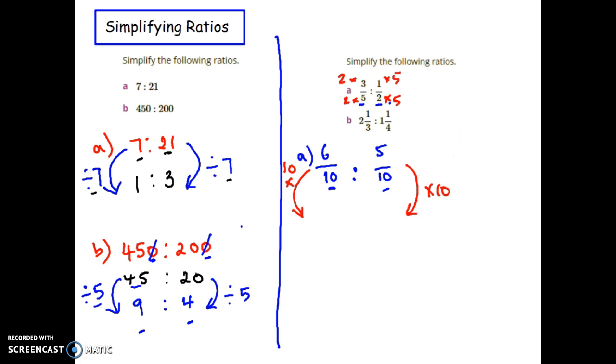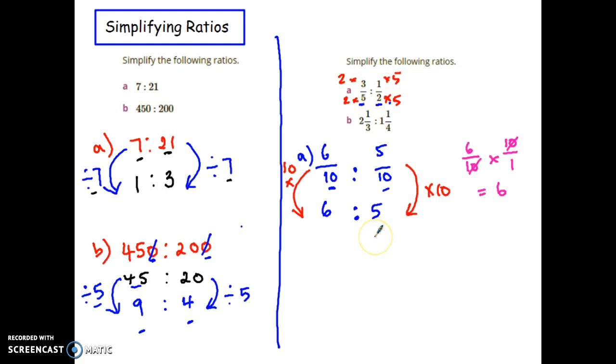If I do 6 over 10 and I multiply that by 10 over 1, my 10's cancel, and I've got 6 over 1, which gives me 6. So by multiplying that fraction by the denominator, I end up with a 6 on the left-hand side, and similar working for this one as over here, I'm going to end up with a 5 there.